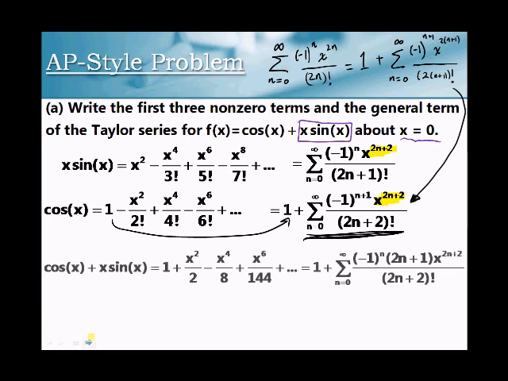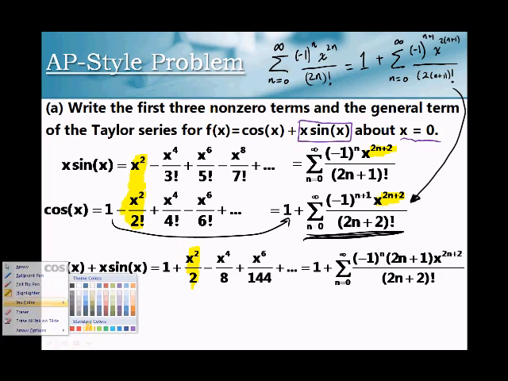If I take the cosine of x plus x sine of x, first of all, it's easy to do away from that sigma notation because we're just going to go term by term. If I do x squared minus x squared over 2 factorial, that's just x squared over 2.